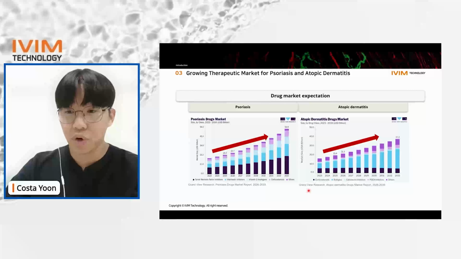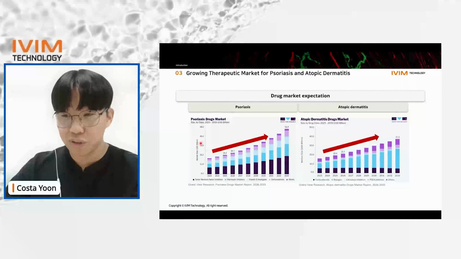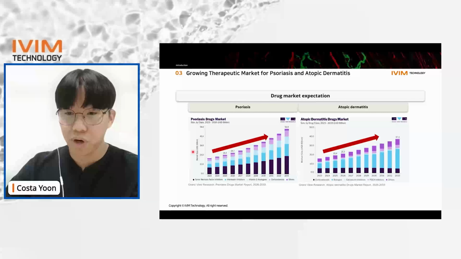With the increasing number of patients, companies are actively developing new treatments with improved efficacy, safety, and dosing convenience. Driven by these unmet medical needs, the therapeutic markets for both psoriasis and atopic dermatitis are expected to expand significantly.